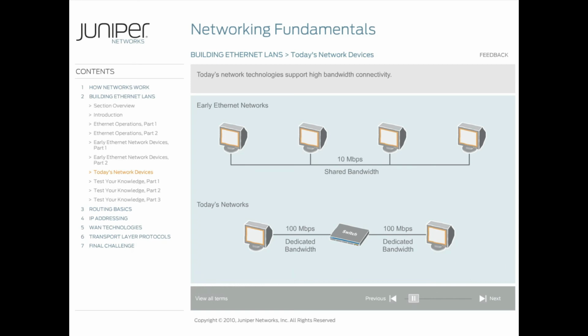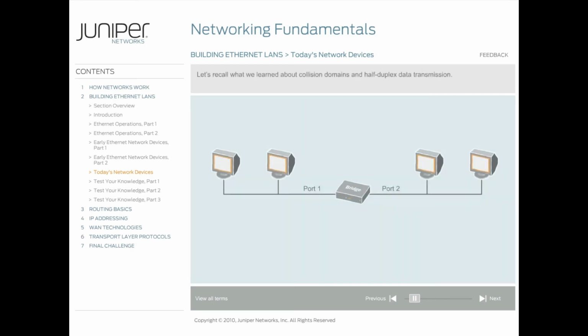In this section, we'll see how new devices called switches and routers change networking configurations and dramatically increase network speeds. Let's recall what we learned about collision domains and half-duplex data transmission. As we learned in the last section, bridges break or segment one large network into smaller collision domains.